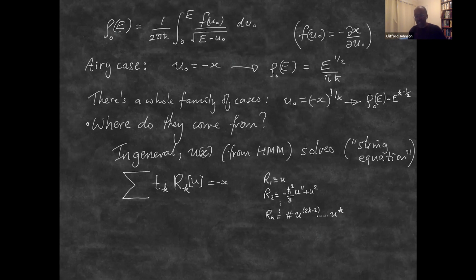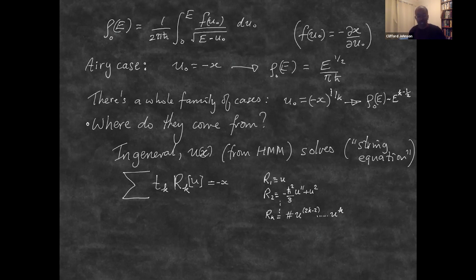They give you a nonlinear differential equation for U. That's what comes out of the double scaling after all the hard work, which succinctly captures all of the physics. The case model has a dependence that goes, as I said, minus X to the 1 over K. There are corrections to that. Those are the topological corrections, and they are captured by the string equation, which looks roughly as follows.